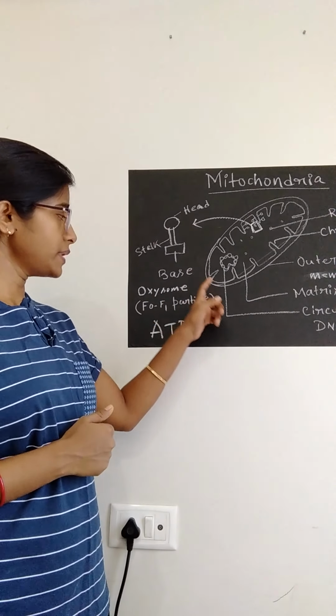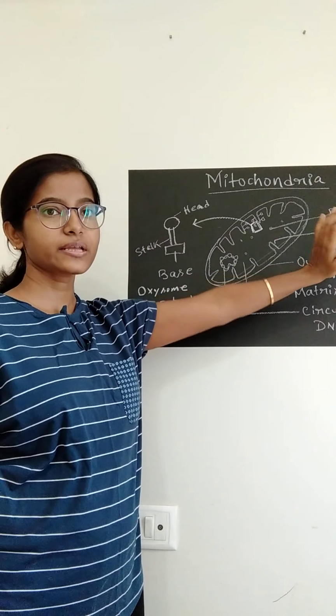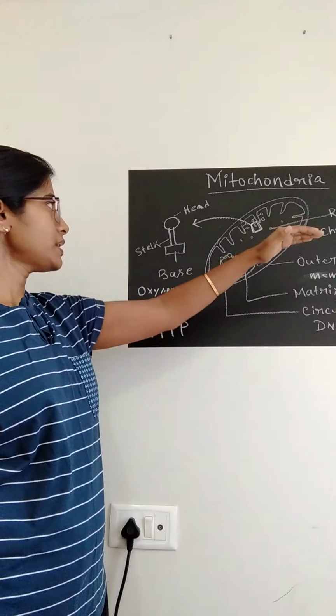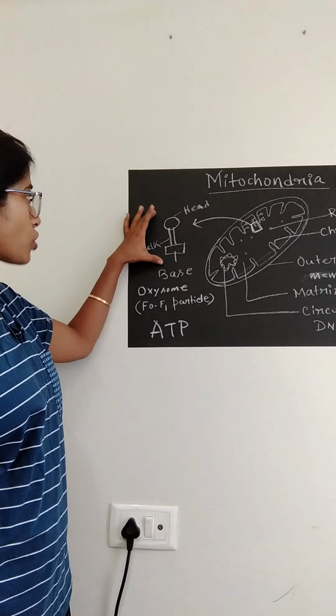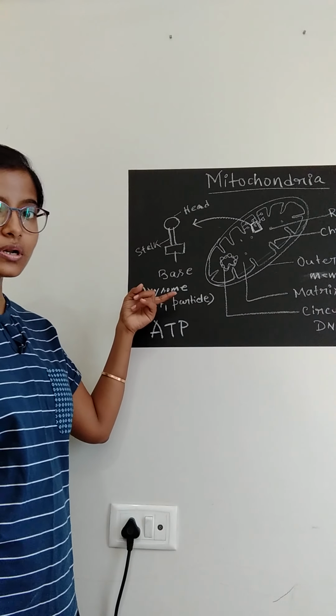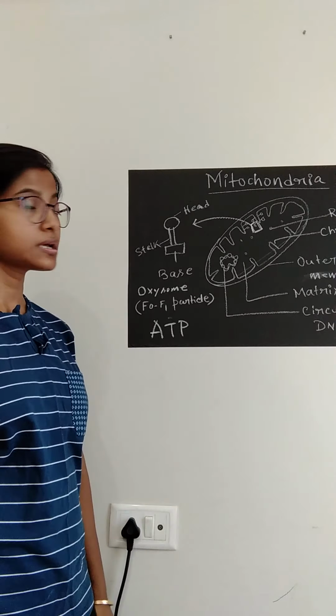So the finger-like folds in the inner membrane are called cristae, and upon those cristae there are some stalk-like structures which are called oxysomes, also called F0, F1 particles.